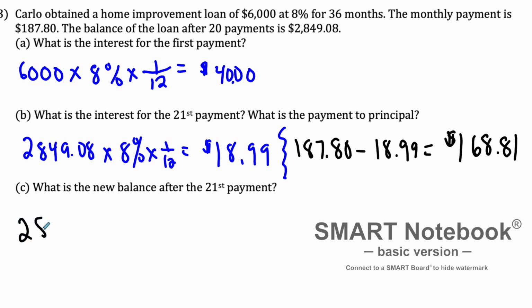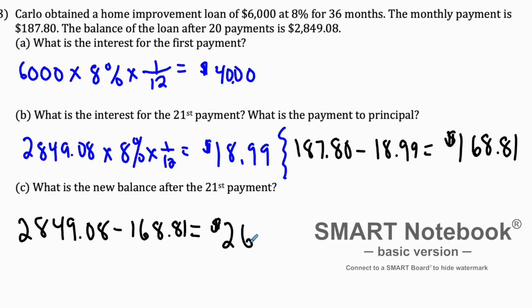I want to know what's the new balance, so we take our old principal minus the new amount that is going to the principal, subtract these values, and let's see what we get. So 2849.08 minus 168.81 equals $680.27 will be the new principal.